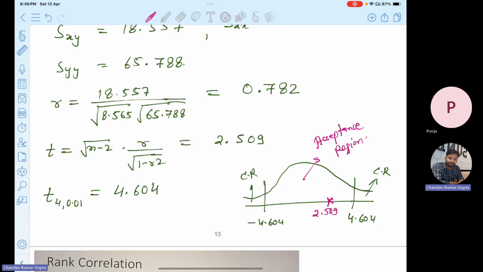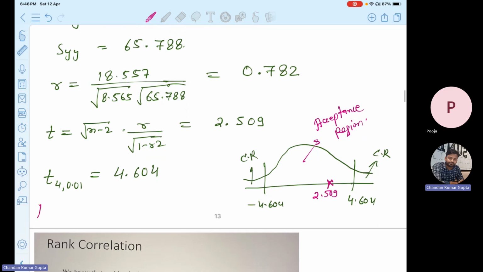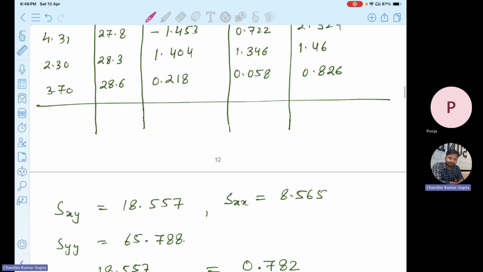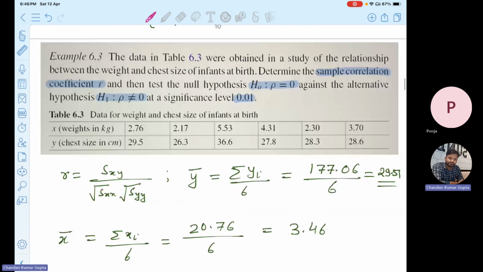That means we are not going to reject the hypothesis. So we fail to reject the null hypothesis on the basis of the data given in table 6.3.